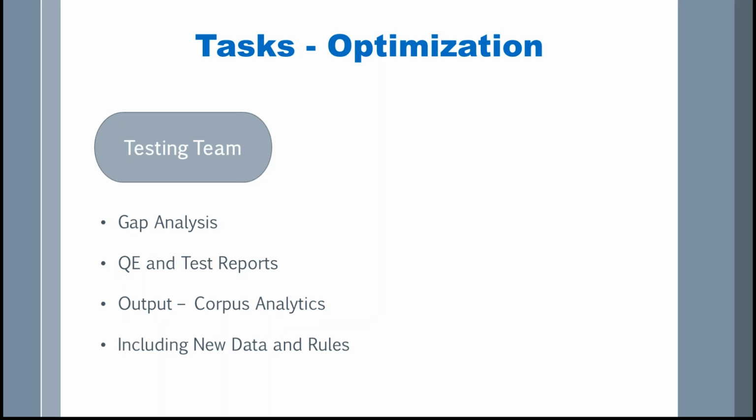So the last item is, as I mentioned before, including new data and rules. And for these tasks, our testing team works closely with the data analysts. As I said before, it's very much related with the training data.